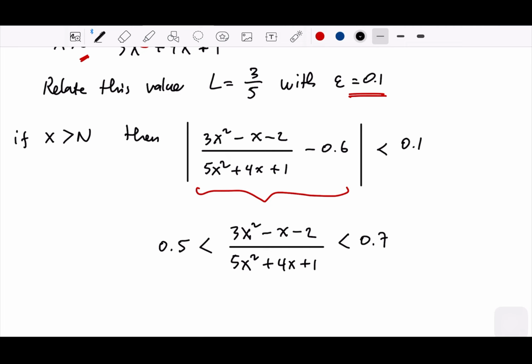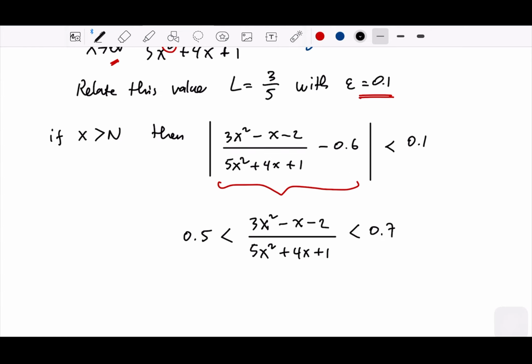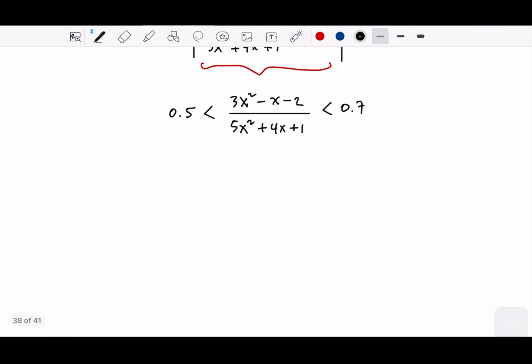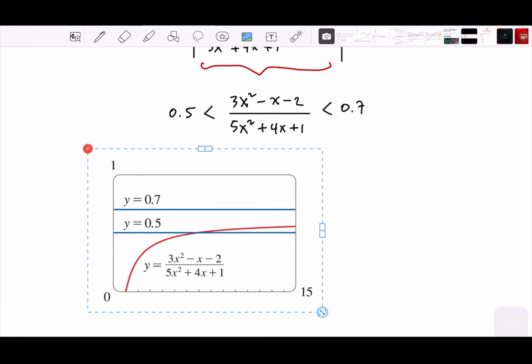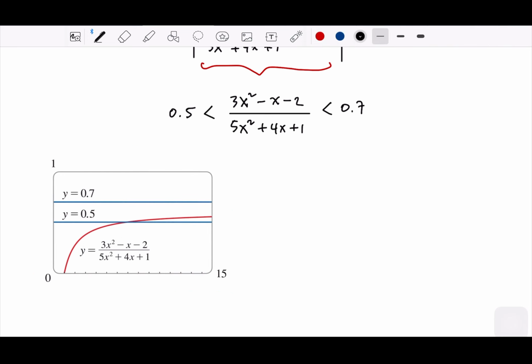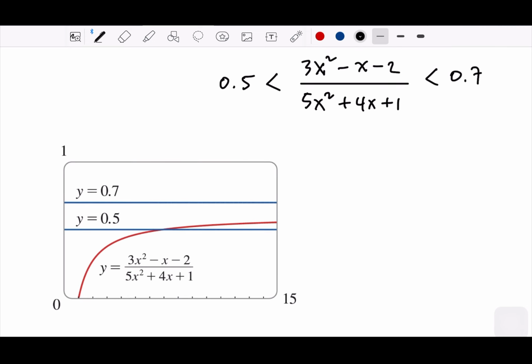Now, the best way is to look at the graph. Let me take the graph for a while, and then we take some approximations, some estimations, for this graph. This is just an illustration to see what x we should write into our equation. So we see that our curve, this red curve here, is in between 0.7 and 0.5.